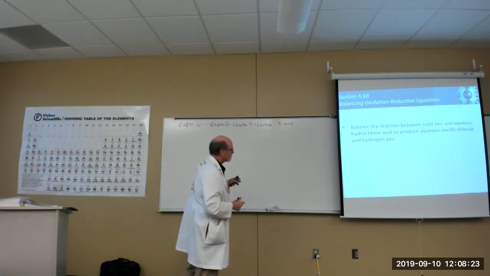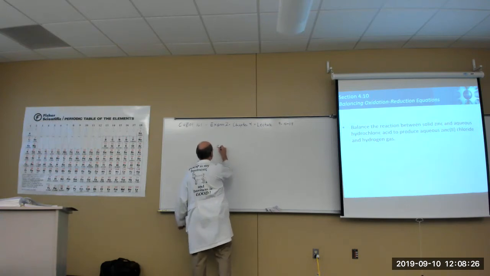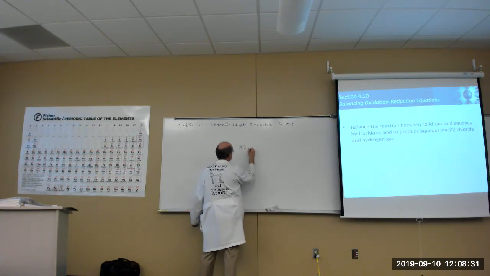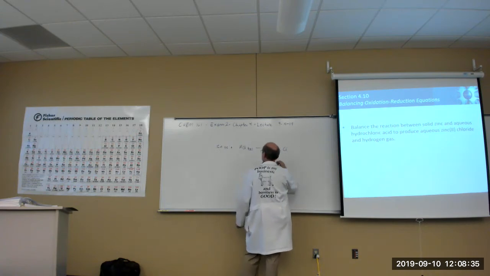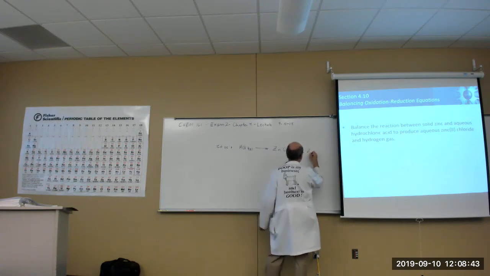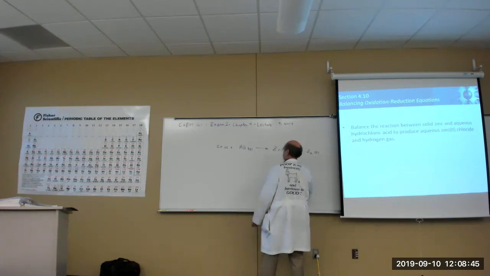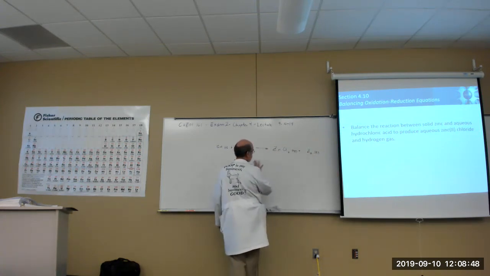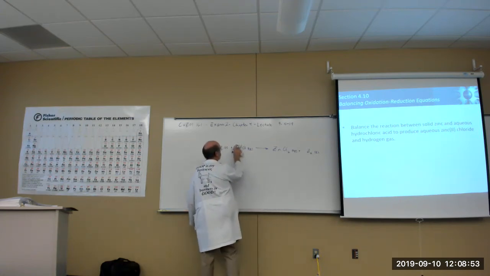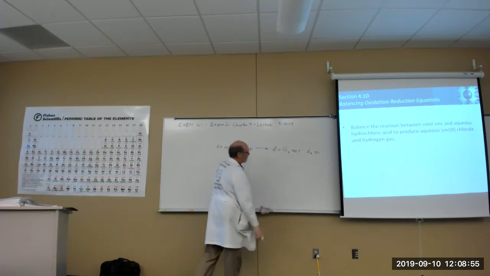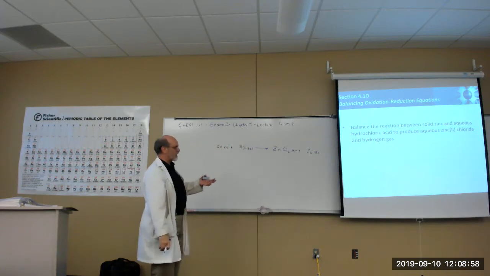So we have solid zinc and hydrofluoric acid yields zinc chloride, aqueous, plus hydrogen gas. Okay, so we need two of these, and we're balanced. Well, I should say, that's how you balance molecular. We're going to balance it using redox.